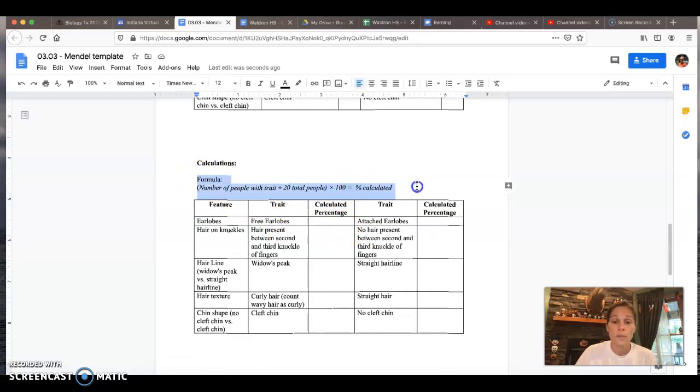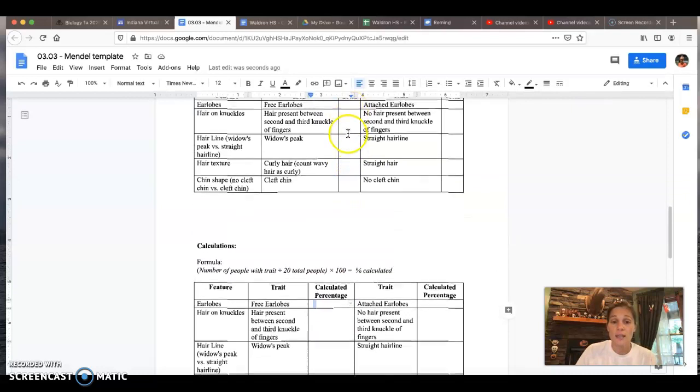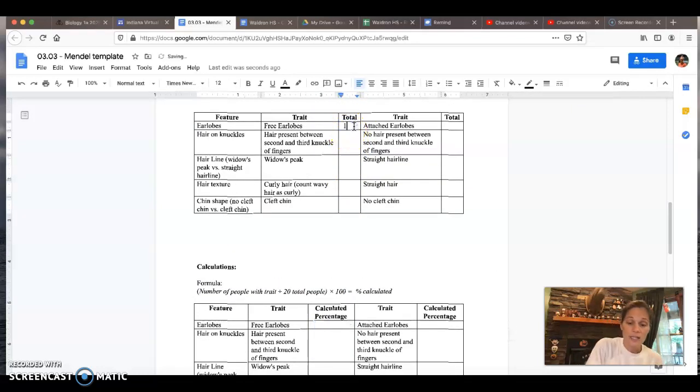Okay, now the next thing here is we have our calculations of our data section. And here's our formula. What we are going to do is calculate, of our 20 people, how many had free earlobes? How many had hair between the second and the third knuckle? So for example, let's just say that we had 10 people with free earlobes.